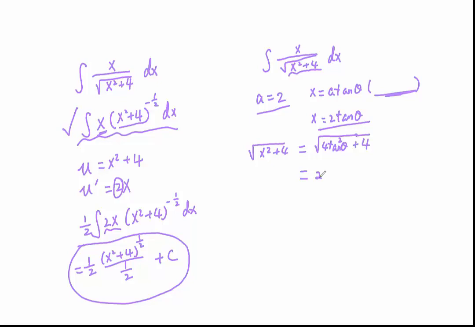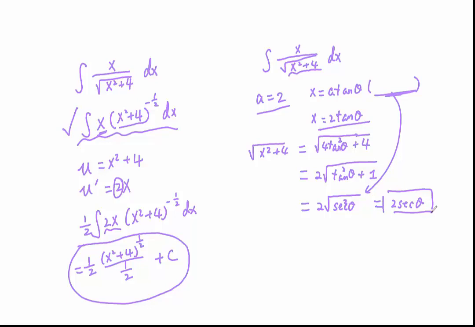Then we have tangent squared plus 1. So we know tangent squared plus 1 is secant squared. So we can open the square root after I convert this to secant squared. Since we already have this defined, we will get a positive. So that's going to be 2 secant theta. Okay. That's it.